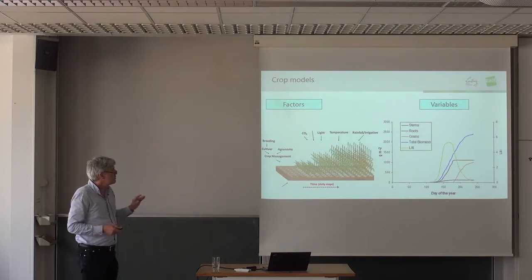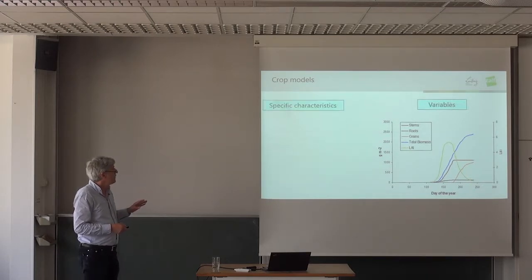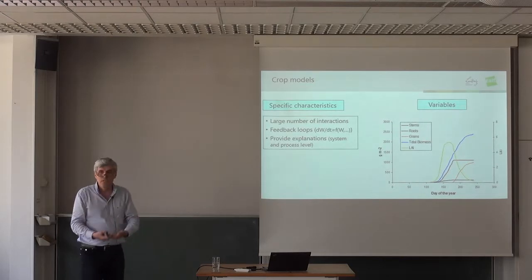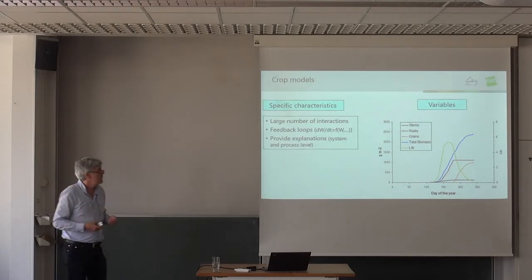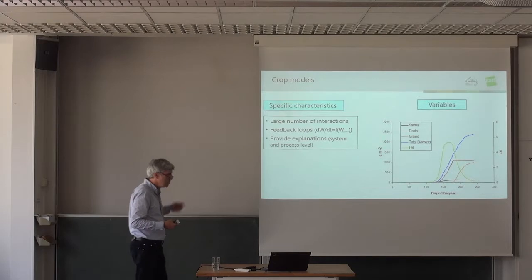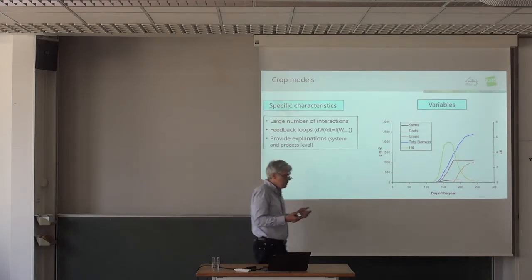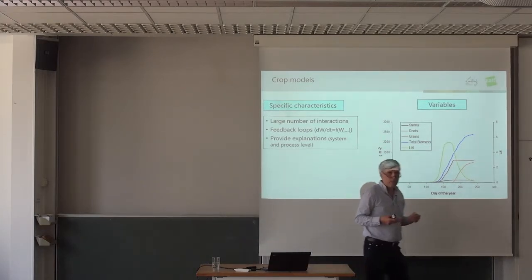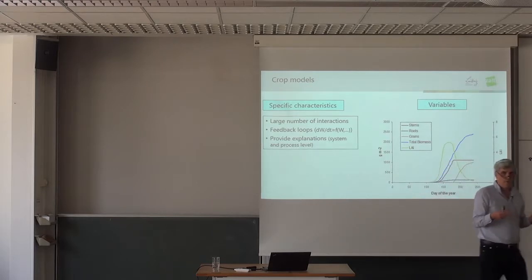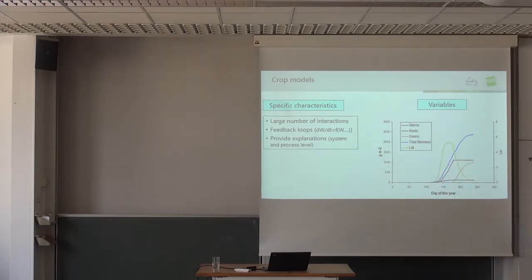So the particular strength of these models is that they can consider a large number of interactions. You can imagine that if you have maybe 30 input variables that interact on different processes, and these processes also interact with each other, there's a huge, multi-dimensional space of possible interactions. And this is captured by these models if they do a good job.